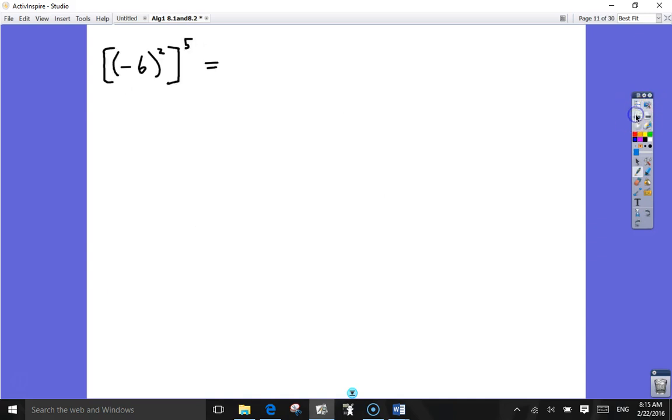Okay, is that the first one? No. Okay, so how many negative 6s should I have? Negative 6 squared to the 5th. What do I do with these two powers? Multiply.